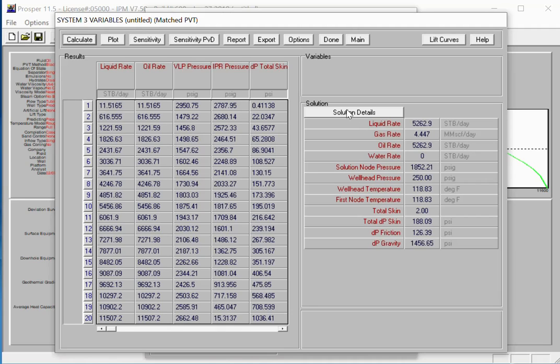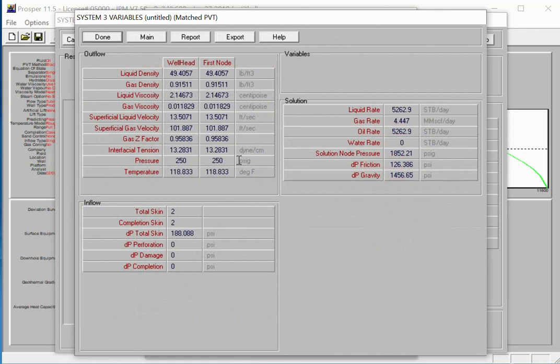Okay, you can actually get more details from here. Look at your pressure loss due to skin. You look at a whole lot of things: gas, deviation factor, superficial velocities. You can use this to calculate your flow regime and all that.